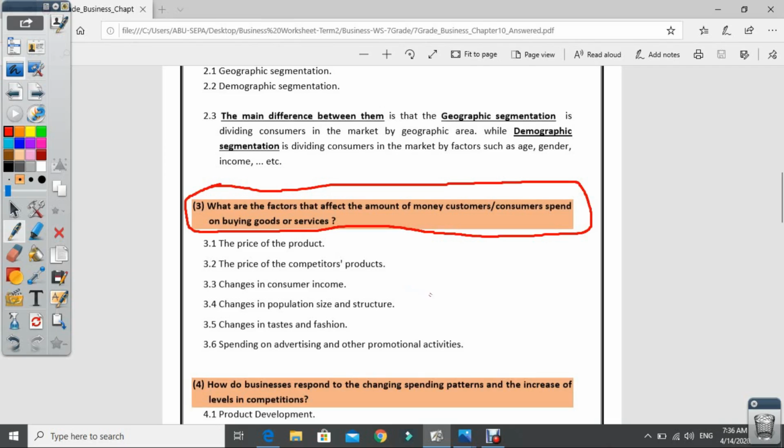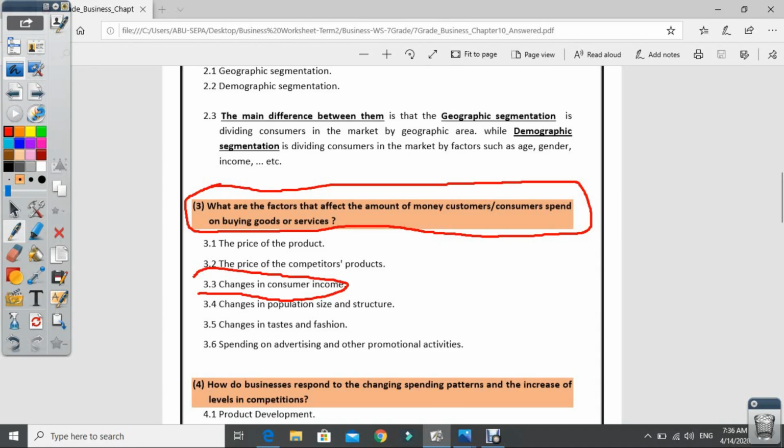The third one, guys, change in consumer income. It says that consumers can only buy products if they have the money to do that. So if consumers' income falls, for example, if a worker loses their job, then they will have less money to spend.